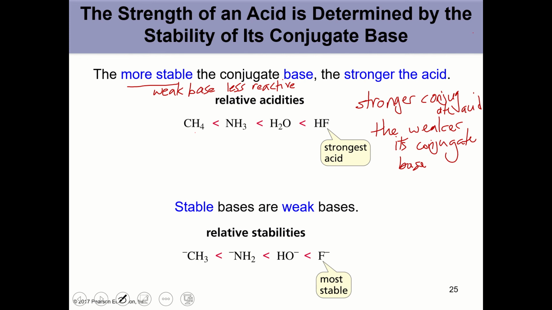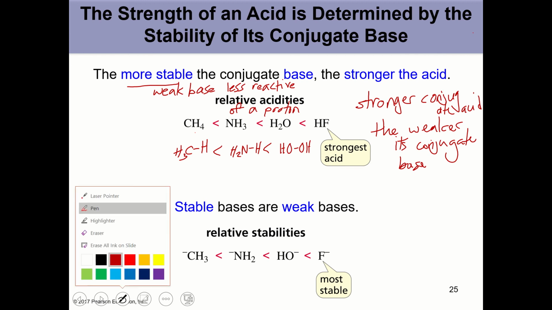Okay, relative acidities. And this is the relative acidity of a proton. So we're talking about a proton bonded to carbon versus a proton bonded to nitrogen, a proton bonded to oxygen, versus a proton bonded to fluorine.